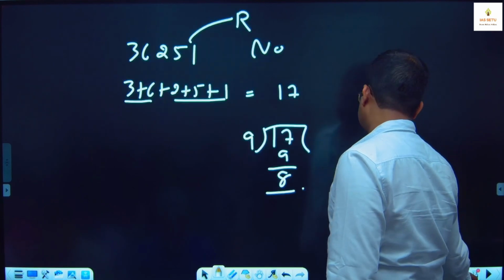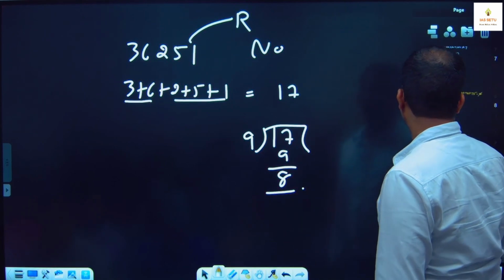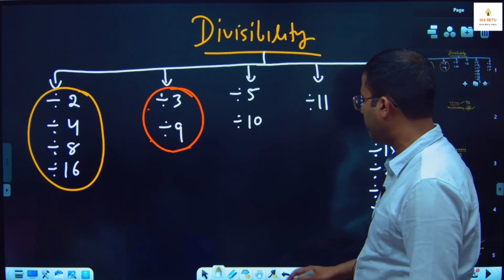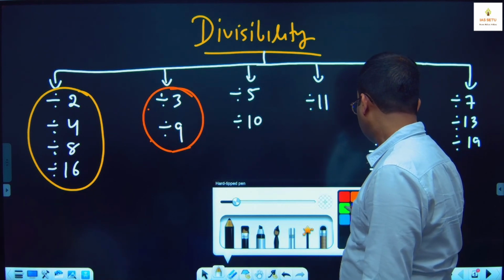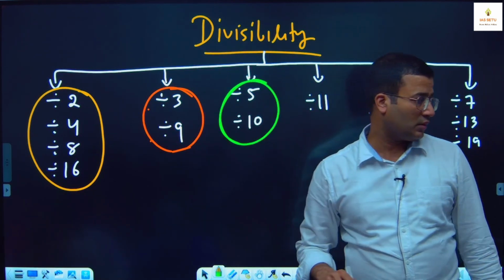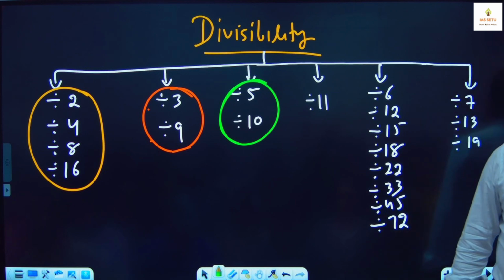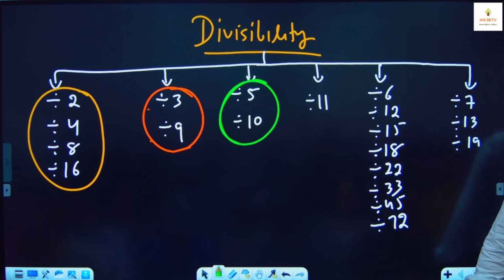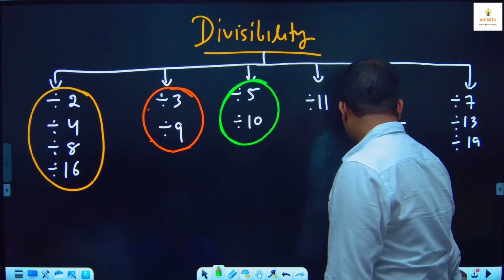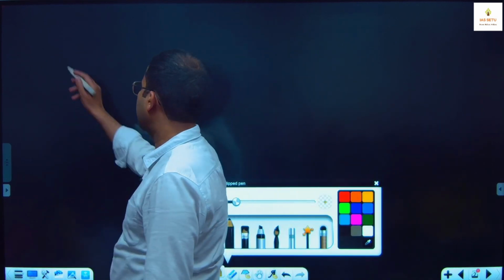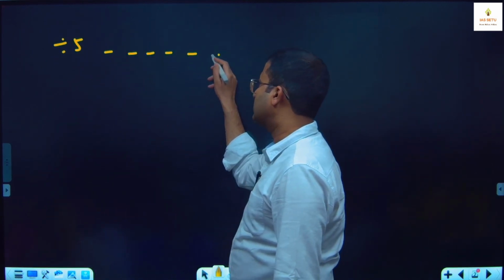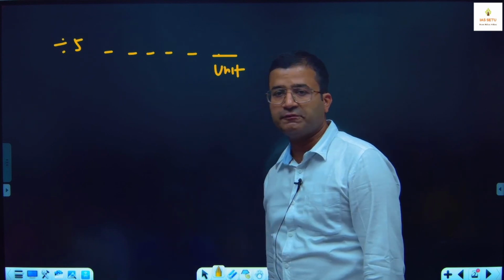Now next, divisibility of 5 and 10. Now divisibility of 5, last digit, unit place digit is sufficient.